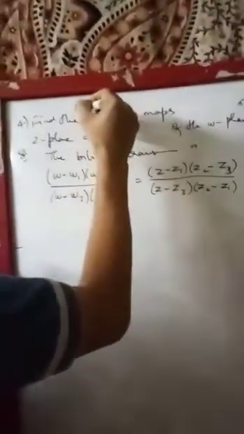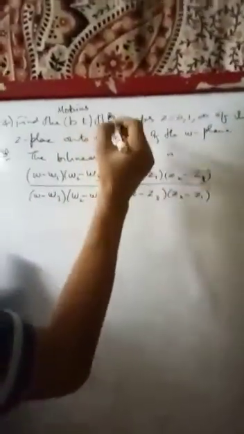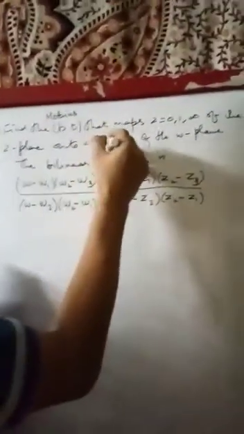Mobius or bilinear transformation, all are the same. I forgot to tell you when you write the definition. Find the Mobius transformation or bilinear transformation, both are the same, which sends the points z equal to 0, 1, infinity into the points omega equal to minus 5, minus 1, 3.